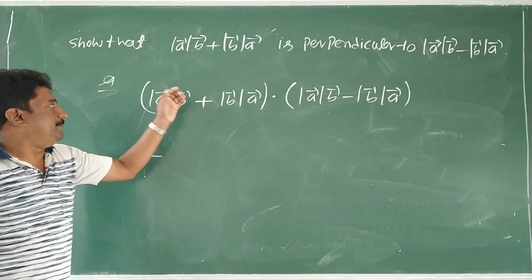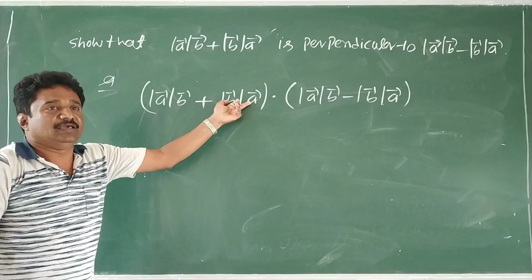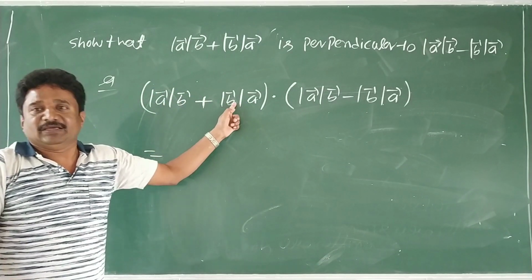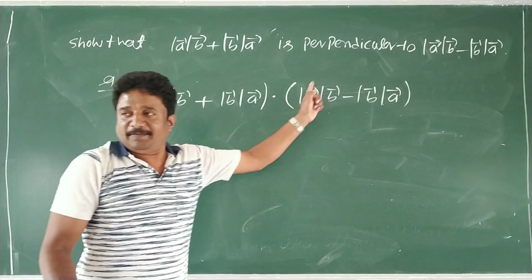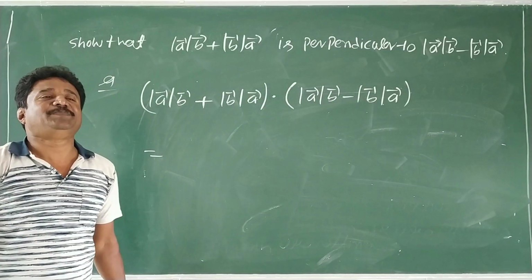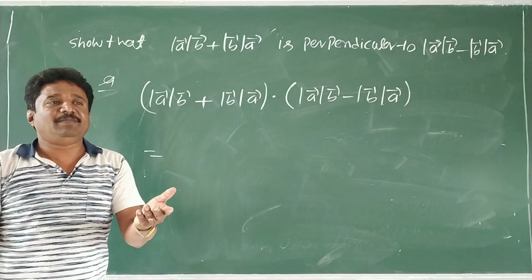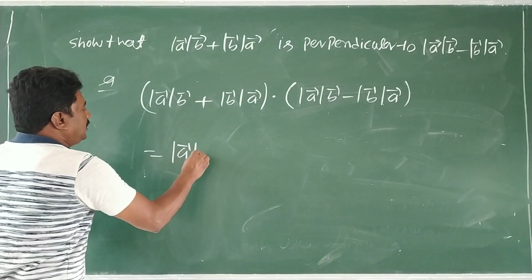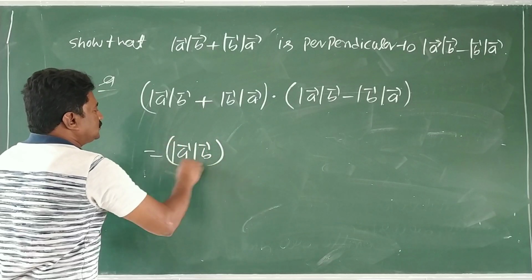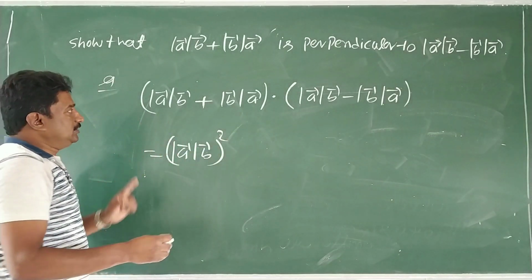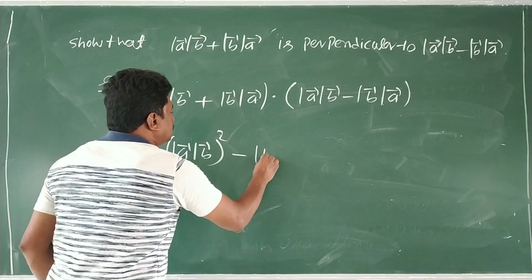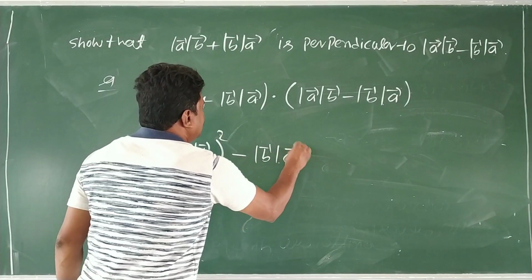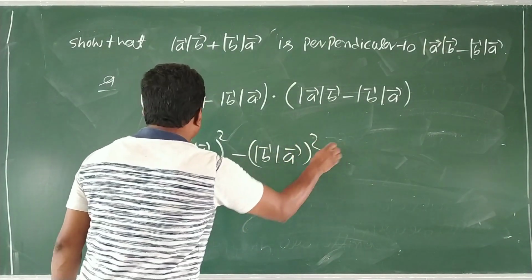Clearly it is in the form A plus B into A minus B. What is A plus B into A minus B? A square minus B square. A square means length of vector A into B whole square, minus B square means length of vector B into A whole square.